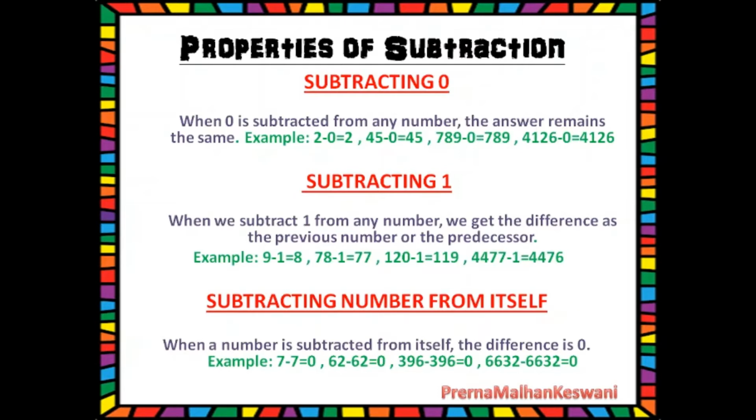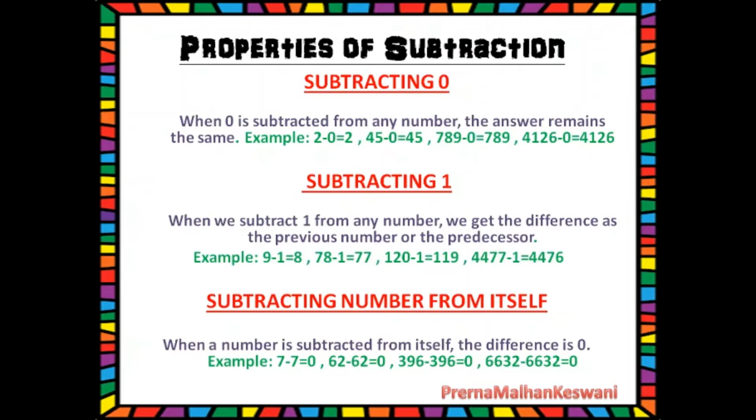That means you are remaining with the predecessor of that number. Let's talk about a 2-digit number, 78 minus 1. That gives you 77. And as you know, 77 is the predecessor or the previous number to 78. Same goes with any other number, children.